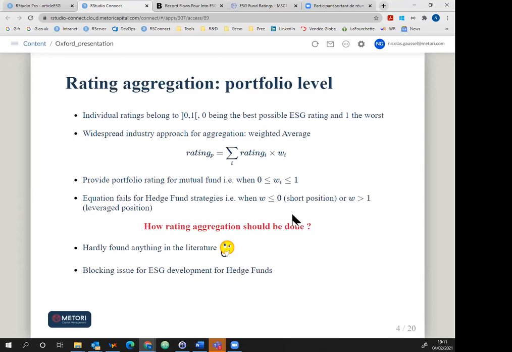And here you face an issue, because if you are short, this formula simply doesn't work. You very quickly understand that you go nowhere, because if you are short on a rating of 0.5, you obtain minus 0.5. It's no longer a rating, because it has to be between 0 and 1, and it's not just a technicality.